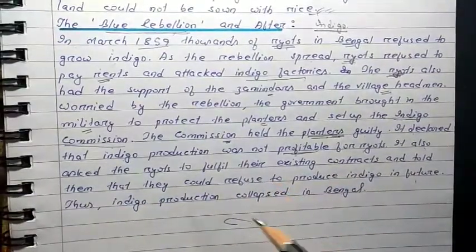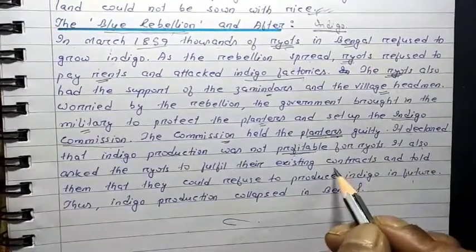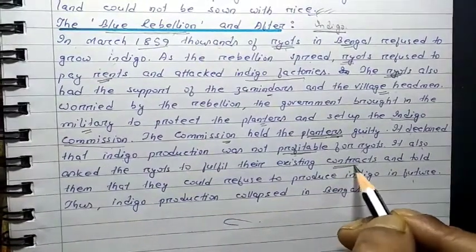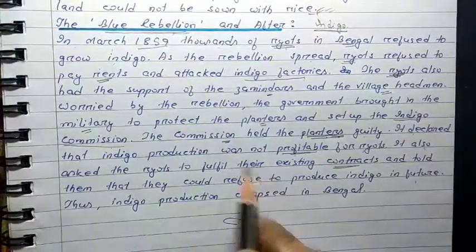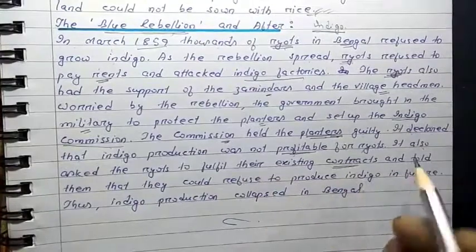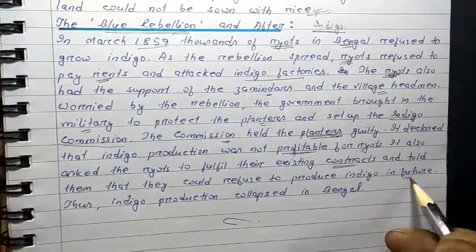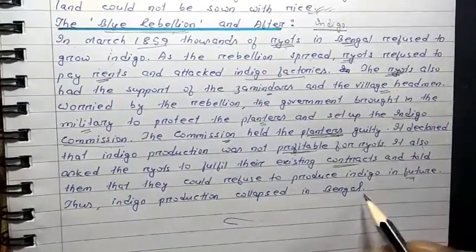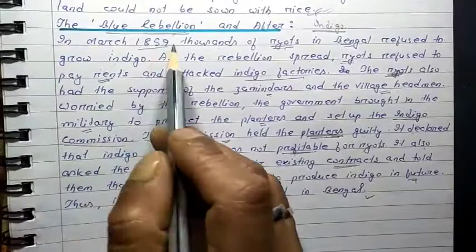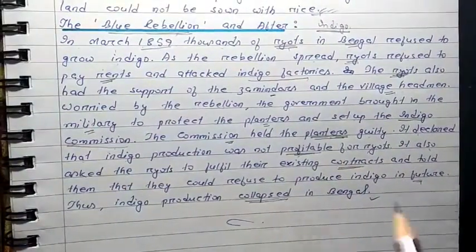As you already got in the ryoti system, the ryots had to sign an agreement, or a contract. So the commission said to the ryots that they needed to complete, or fulfill, their existing contracts, and in future they could refuse to produce indigo. And in this way indigo production collapsed in Bengal. So you can say by the year 1859 indigo production in Bengal had collapsed, or finished.